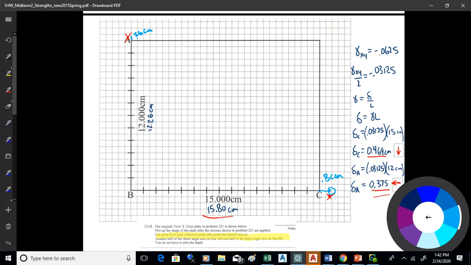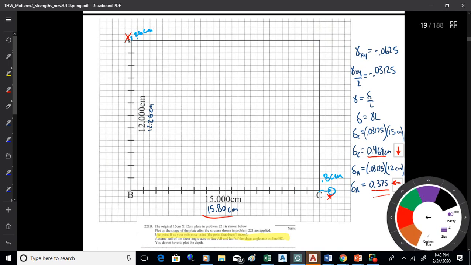So to find out the final position there with the red X's, I'm looking at how those points kick out, so to speak, which is caused by the angular deformation. What I'm assuming here is that alpha is gamma over 2 and beta is gamma over 2.